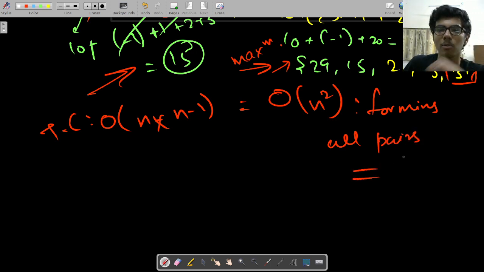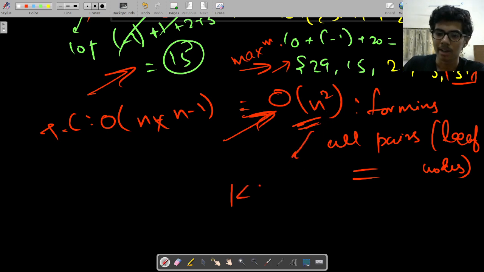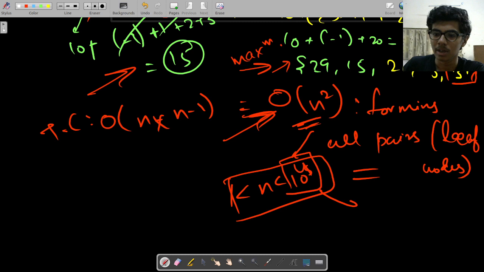Okay, so if I form all pairs, I'm talking about only leaf nodes. So I will end up with the pair solution with the value O(n) square, right? So if it is O(n) square, then for n ranging from 1 to 10 raised to the power 4, for such higher value, it is going to give us TLE, or time limit exceeded.